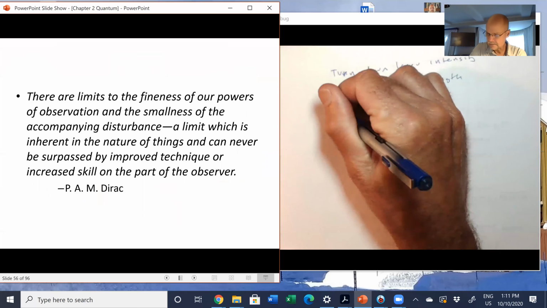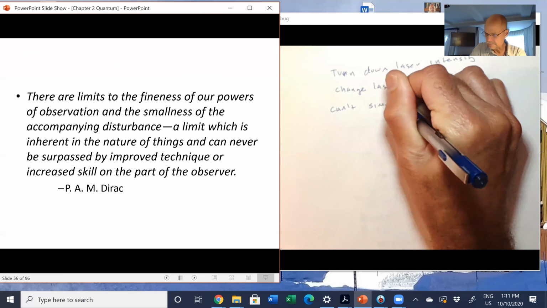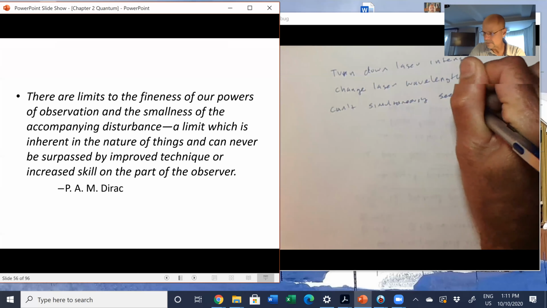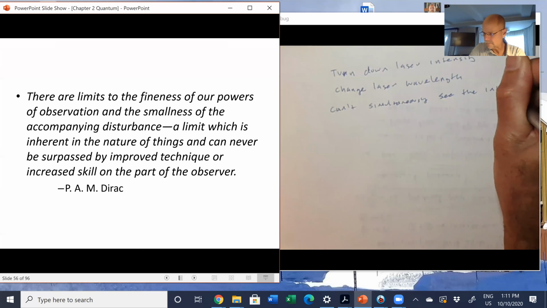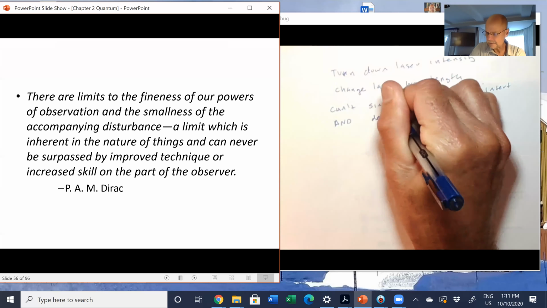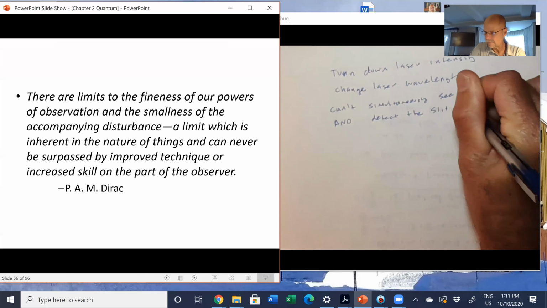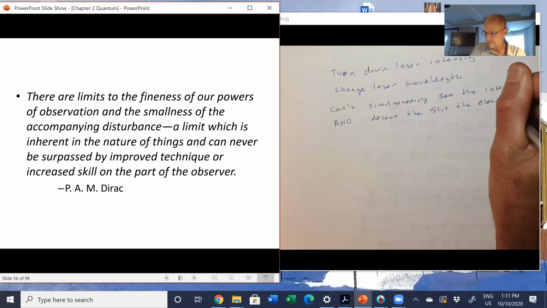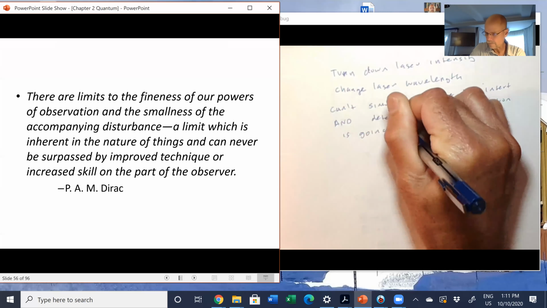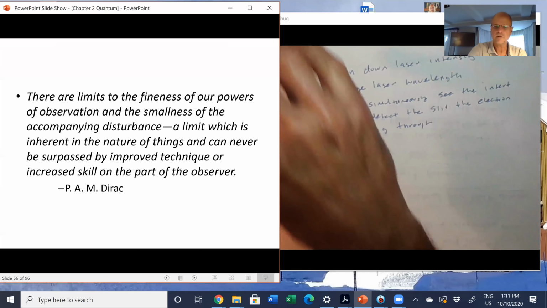You can't simultaneously see the interference pattern and detect the slit the electron is going through. All right, you can't do that.